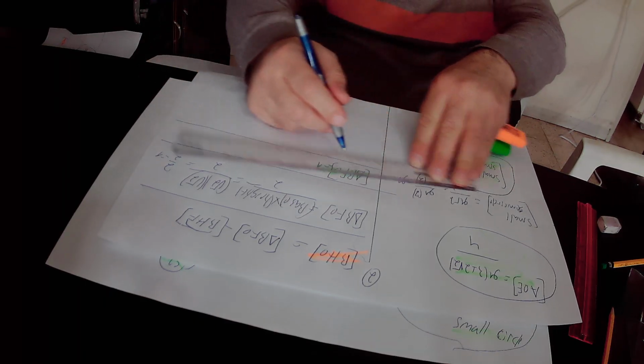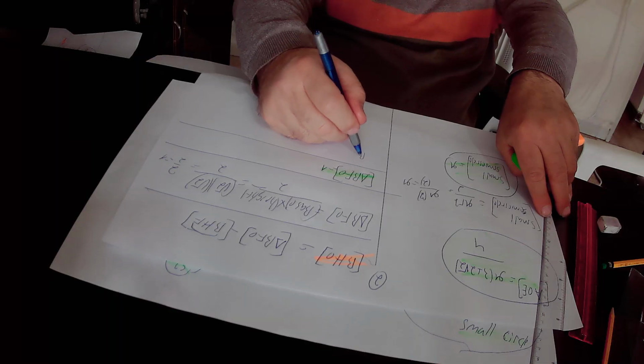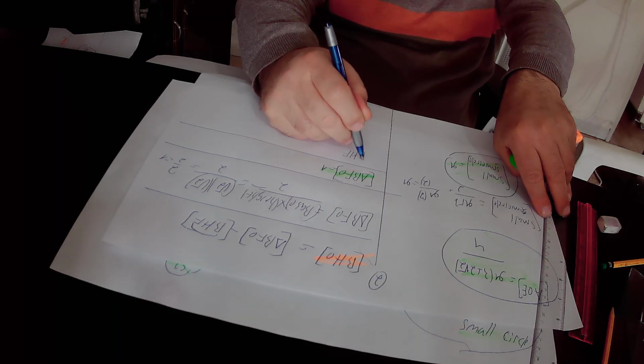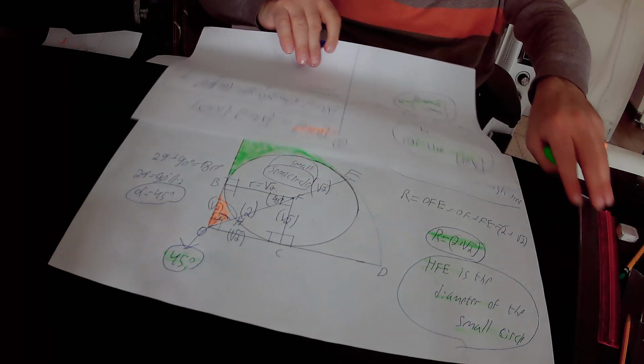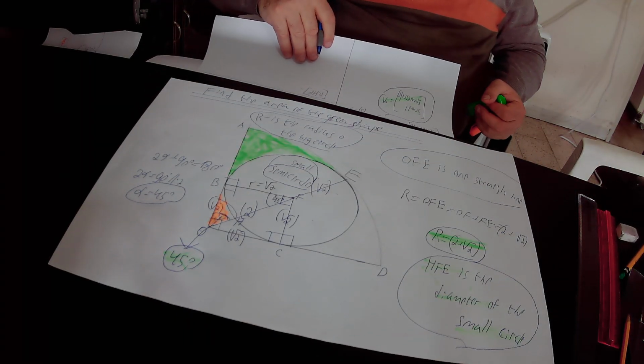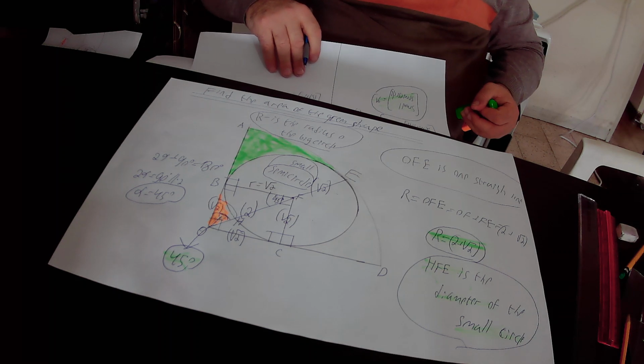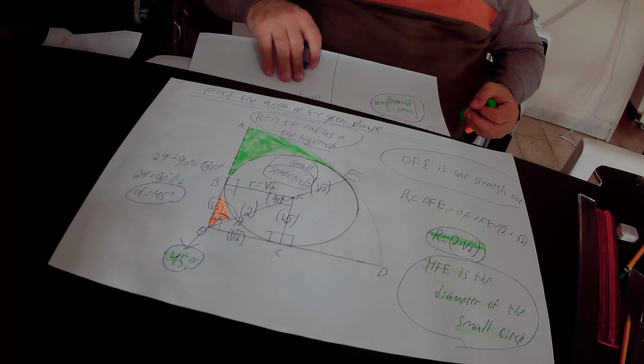What is the area of the small sector BHF? We know that the area of any sector equals the area of the circle that contains the sector times the angle fraction.